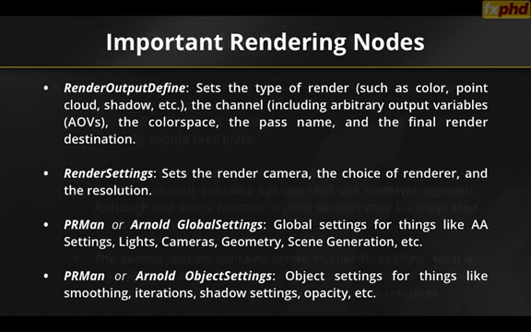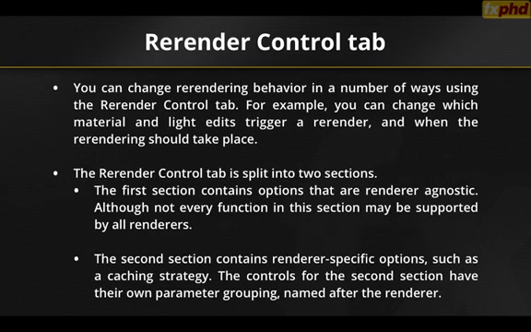Then we have this thing called the re-render control tab, and again I'll show you this a little bit later. This can basically change re-rendering behavior in a number of ways. For instance, we can change which materials and lights trigger the re-render and when the re-rendering should take place. Imagine this as the IPR control housing.